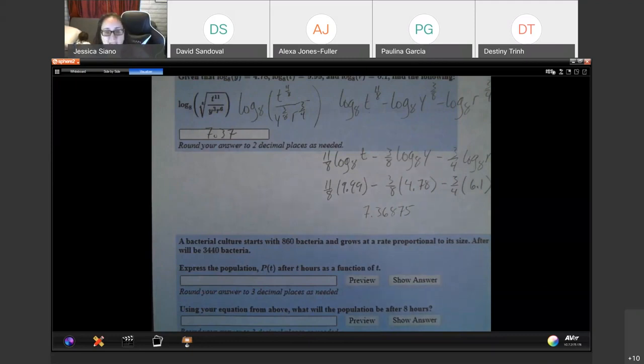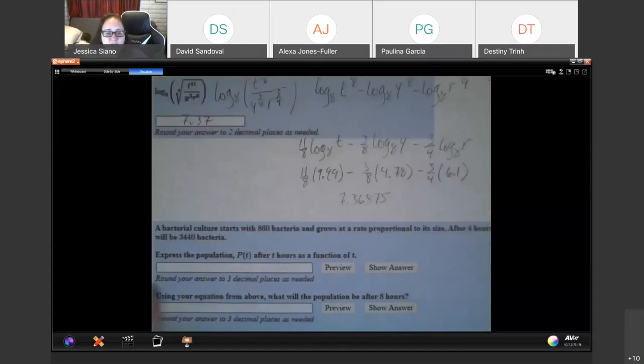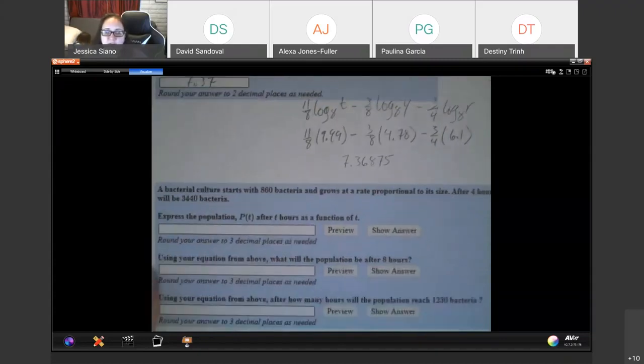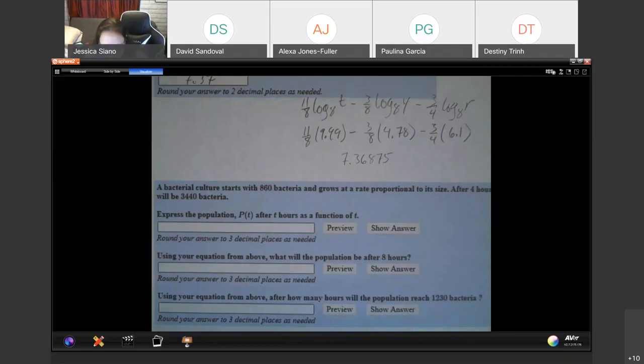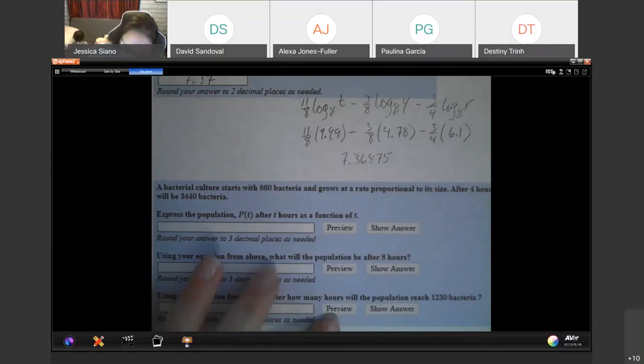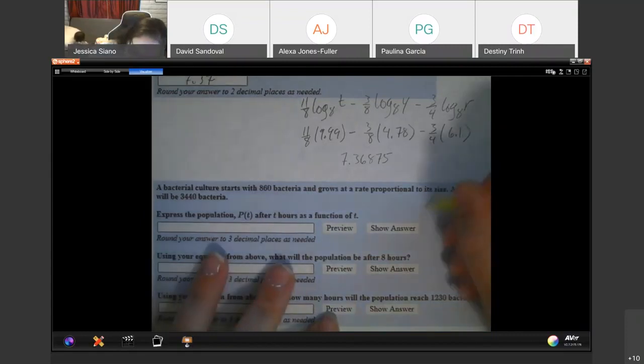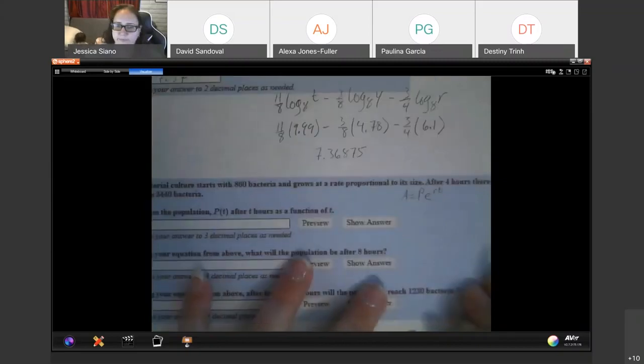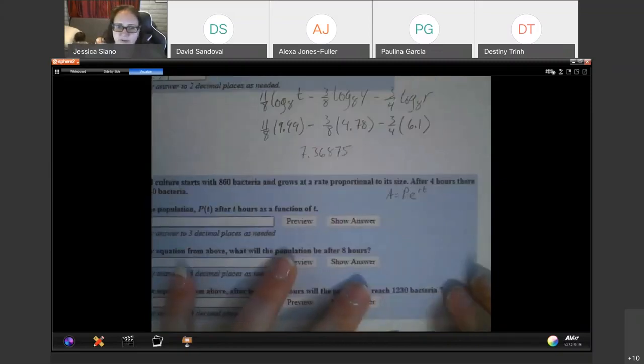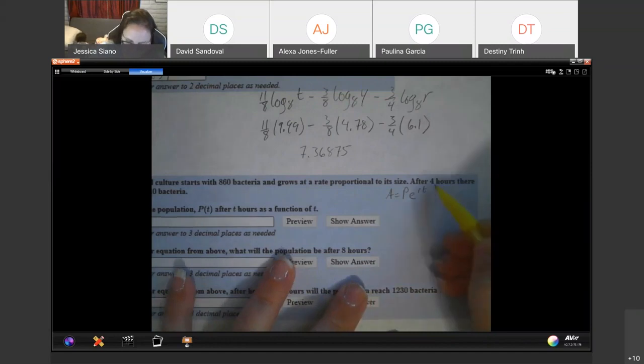Okay. A bacterial culture starts with 860 bacteria, grows at a rate proportional to its size. After 4 hours, there are 3,440 bacteria. Okay. So we have A equals P e to the rt. So we don't know the rate. We do know that after 4 hours, there are 3440.